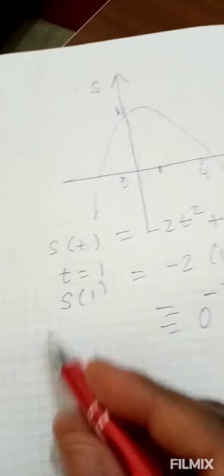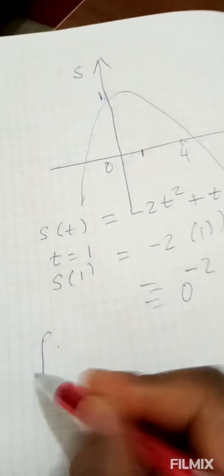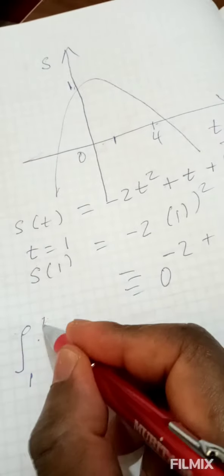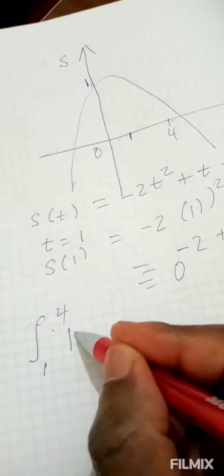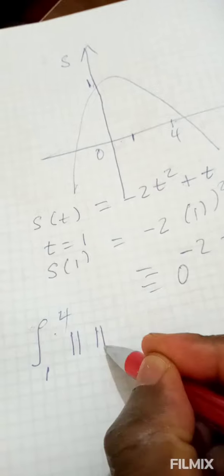So to find the distance, we take the integral from time equal to 1 to time equal to 4 of the norm.